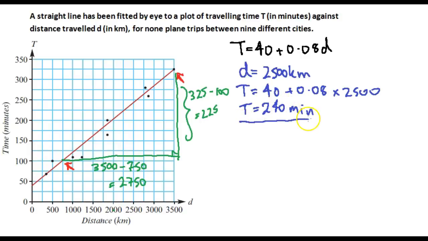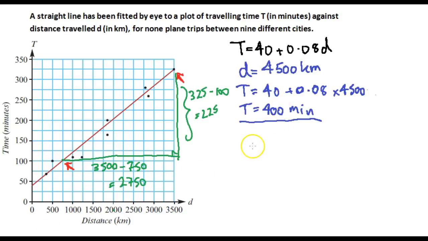So to travel between cities that are 2,500 kilometers apart would take about 240 minutes, which is 4 hours. So if we change that to a new distance between two other cities, say they were 4,500 kilometers apart, then we can replace d with 4,500, put it into our calculator, and it gives us 400 minutes travel time for that city.